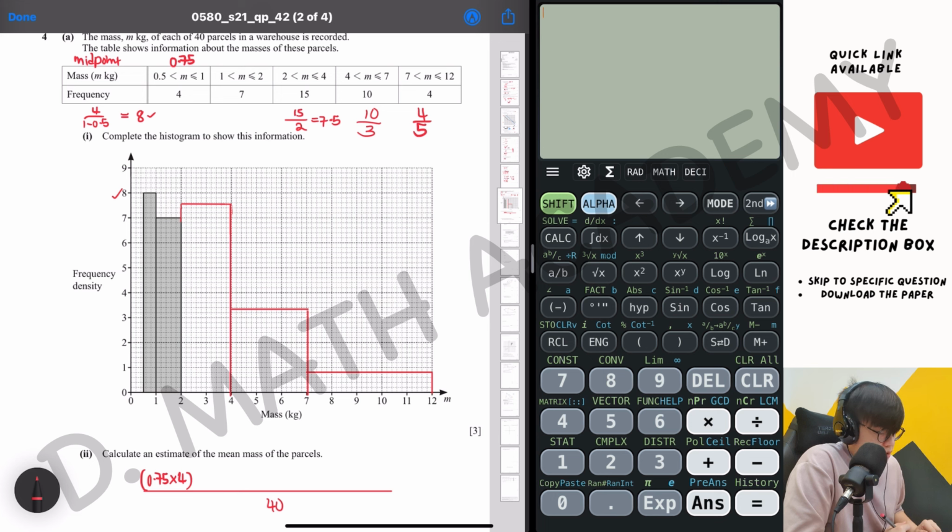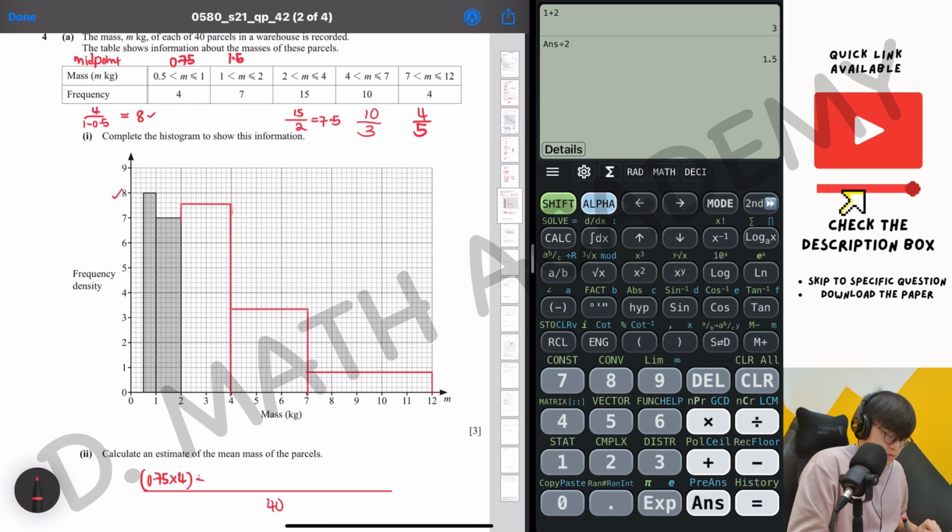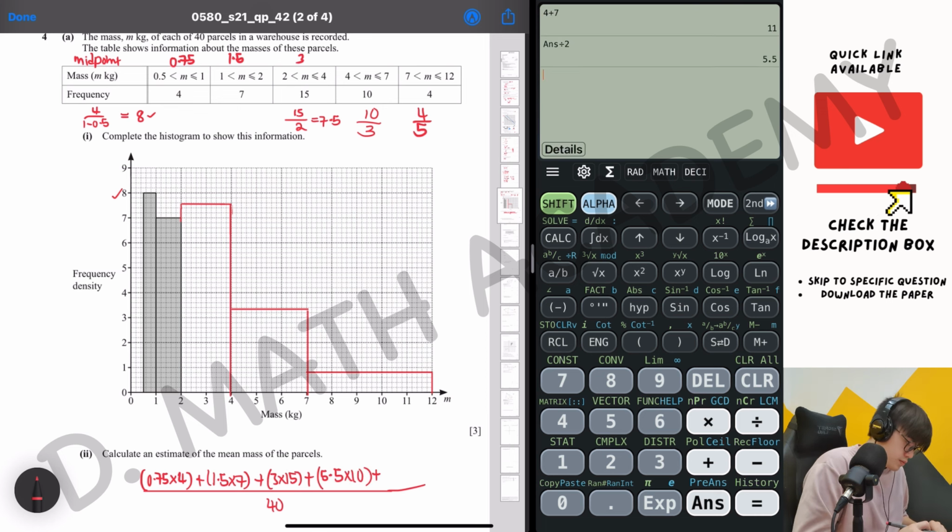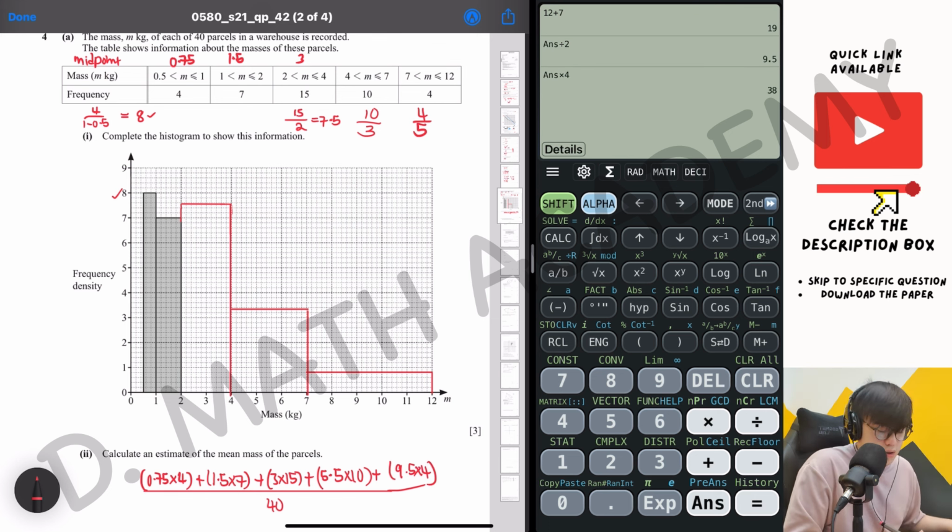So 1 plus 2 divided by 2, it should be 1.5. Repeat the same thing for the rest. Calculate this, then you should get your mean.